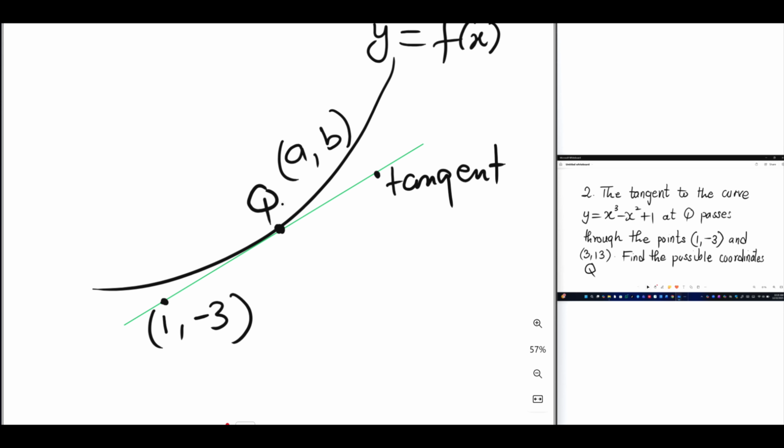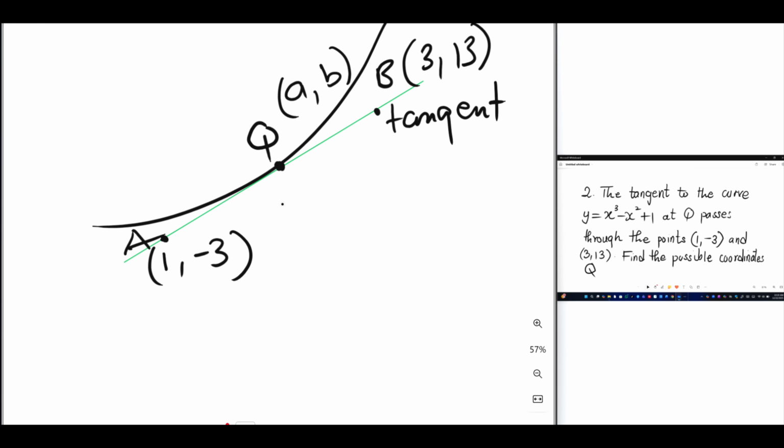So you indicate the points on the tangent. You can name them point A and point B. So for B, you can put (3, 13) here. So these are the points through which your tangent is passing. All right. Now we have to find the coordinate of point Q.